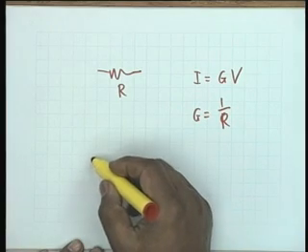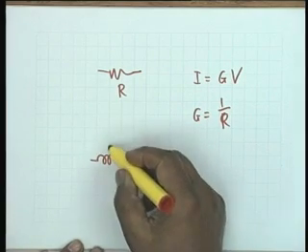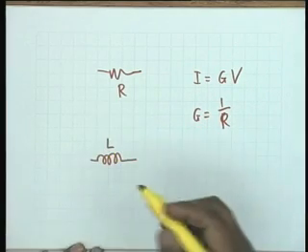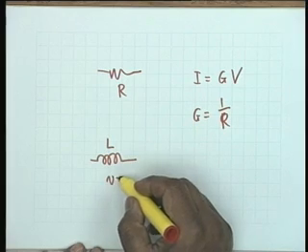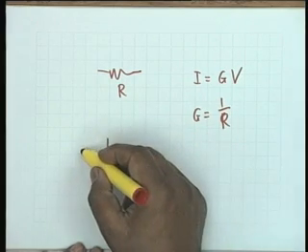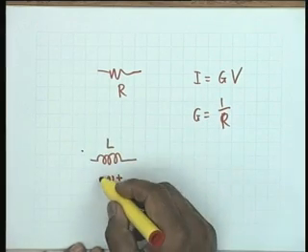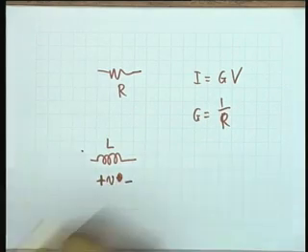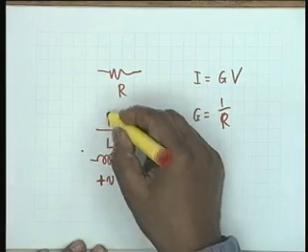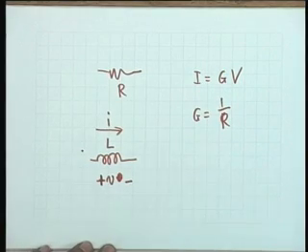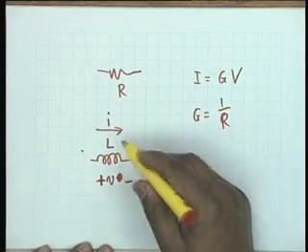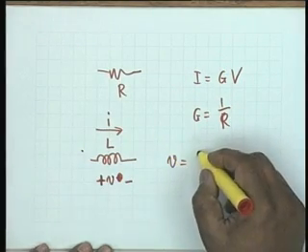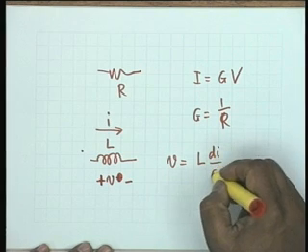On the other hand, if you take an inductance L, and our notation would be, if this is V with this polarity, then the current I is taken in this direction, and the relationship between voltage and current, as you know, is V equals L di/dt.